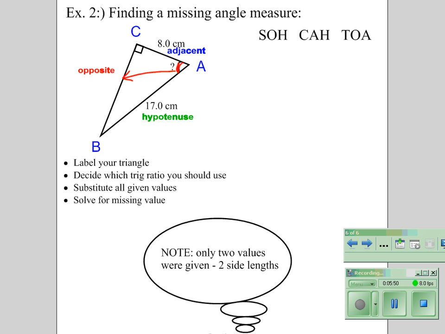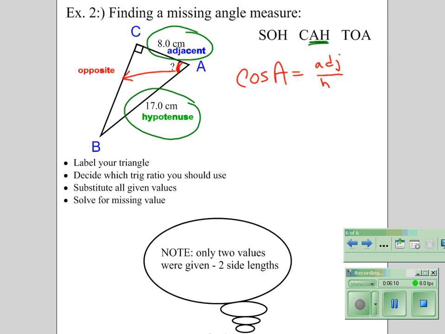In this question, the given values are H, hypotenuse, and A, number 8, for adjacent. So we can choose AH right here. We can choose the cosine ratio. We write it out. Cosine of angle A equals adjacent over hypotenuse. Have that. Now it's time to replace values, substitute.